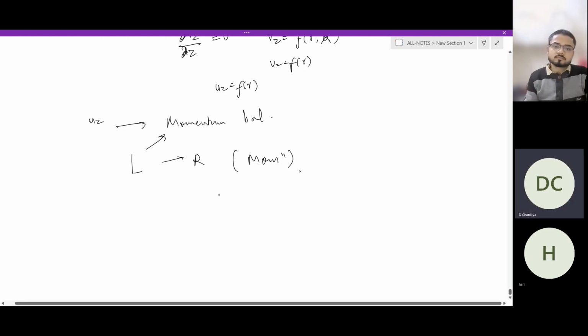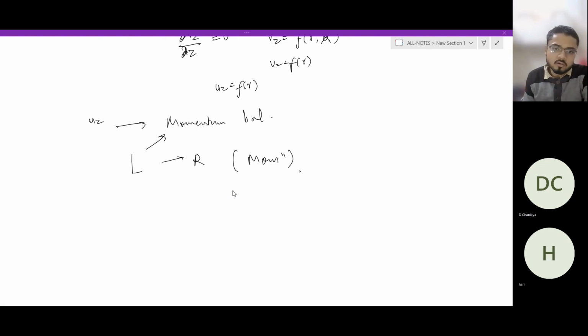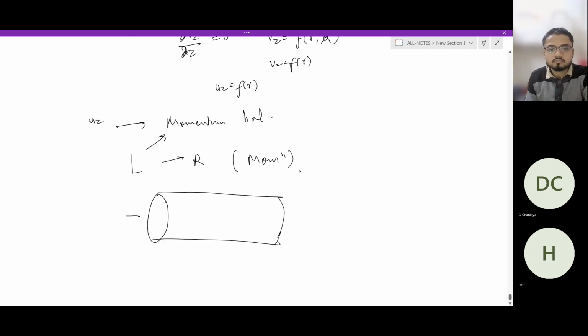So in that case, we use a microscopic momentum balance, and let's say you consider a differential shell right here.